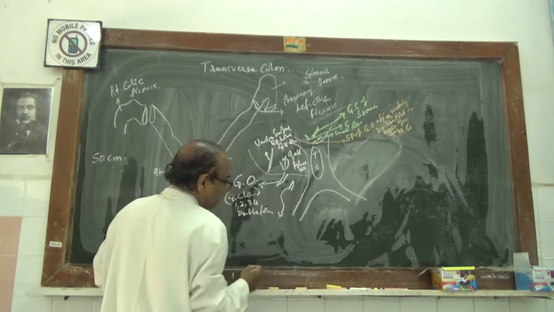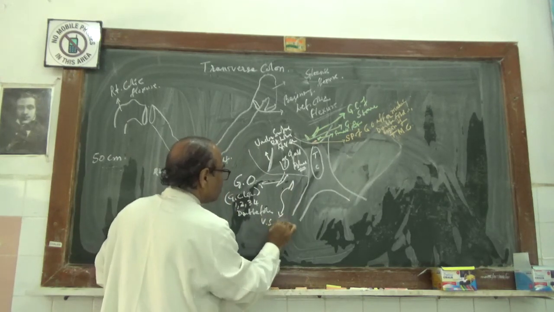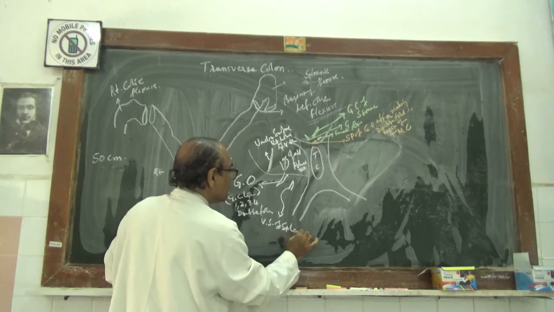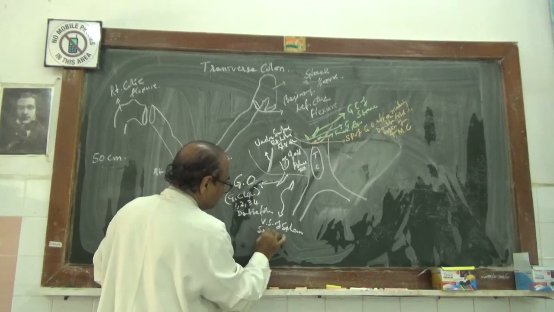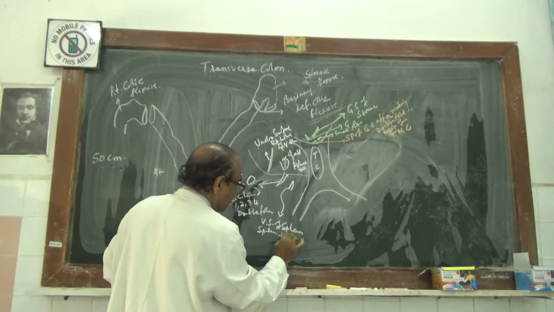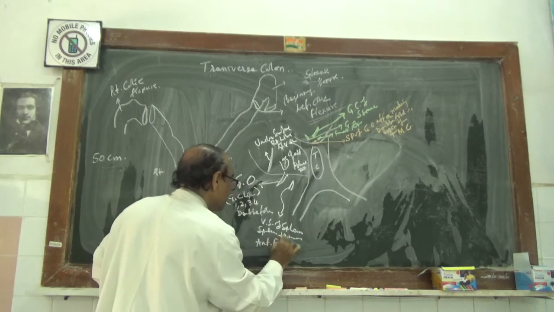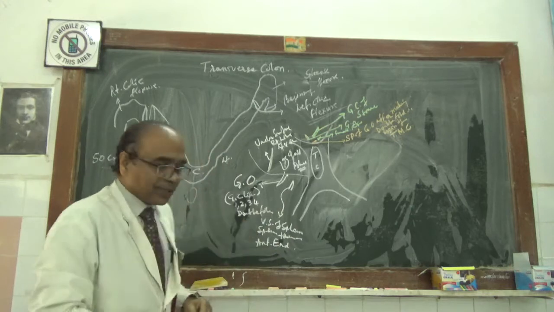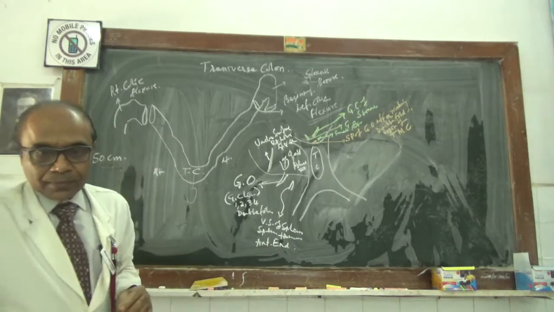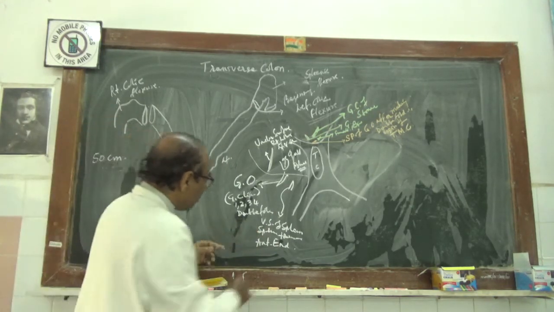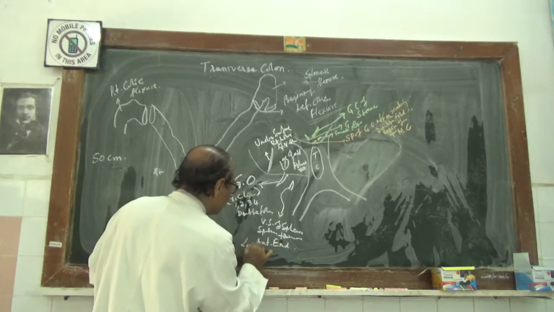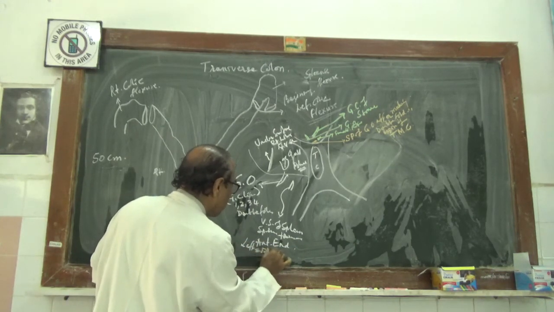But on the left side, you have got the visceral surface of the spleen, especially towards the anterior end, on the visceral surface of the spleen. So that will be there towards the left side of the transverse colon.